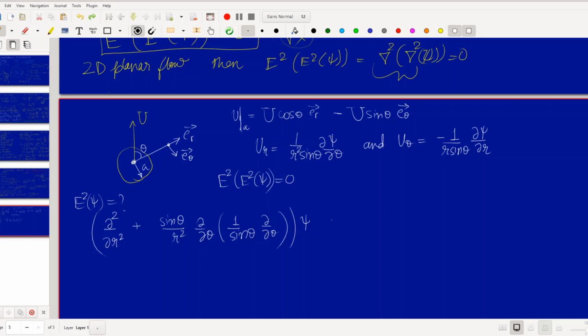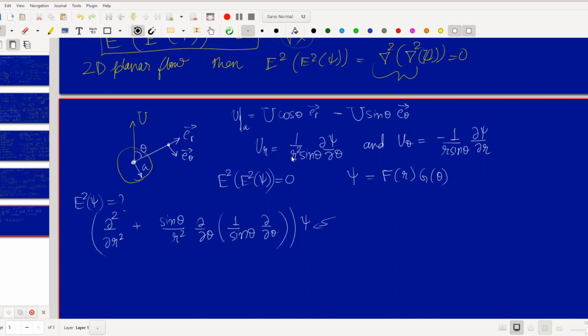But what should be the form of psi? Because the domain is infinite, we can imagine that the solution for psi can be of an eigenfunction expansion form. But it can also be a separable variable form, which can eventually give an eigenvalue problem. So psi can be written as f of r times g of theta.